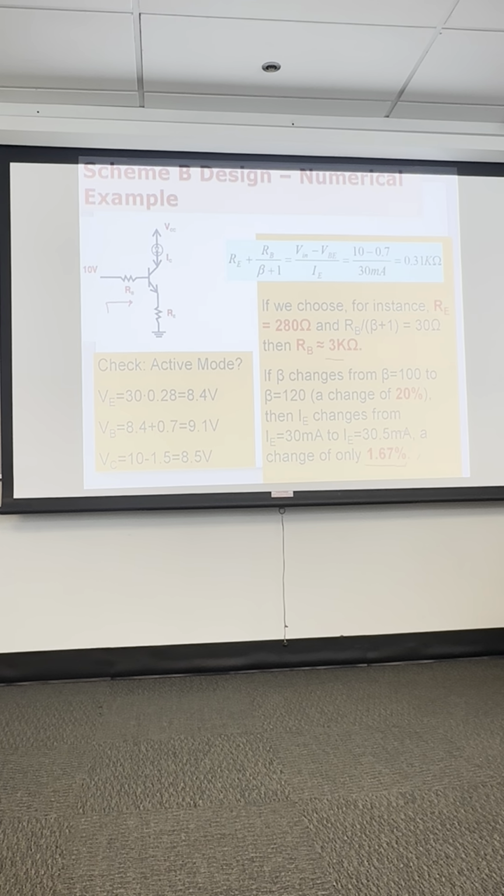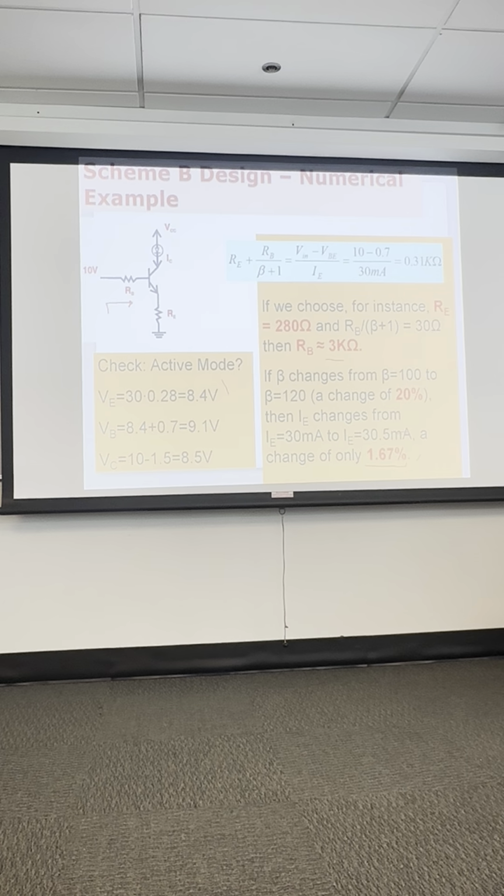The base voltage is 9.1 volts, and the collector is 8.5. So I'd say part of your homework is to check these numbers here, because this is the nightmare that results from not checking what appears to be a relatively okay design.